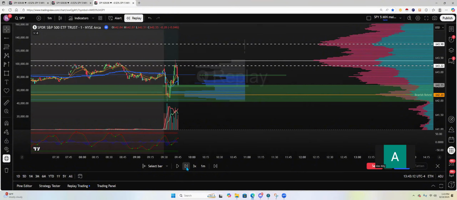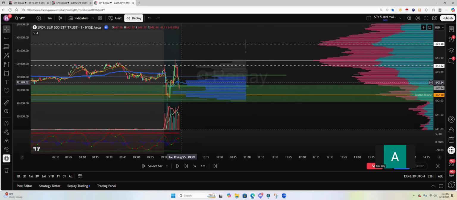Now it comes down, and where is it retesting? Right there. And that actually broke. Now it's retesting this bottom node right here. So we're back into this long-term bullish reversal for the consolidation. Same thing. I'm not going short just because I see it coming down. A lot of new traders will do that, and they'll try to play off the momentum, but that's the worst thing you can do.